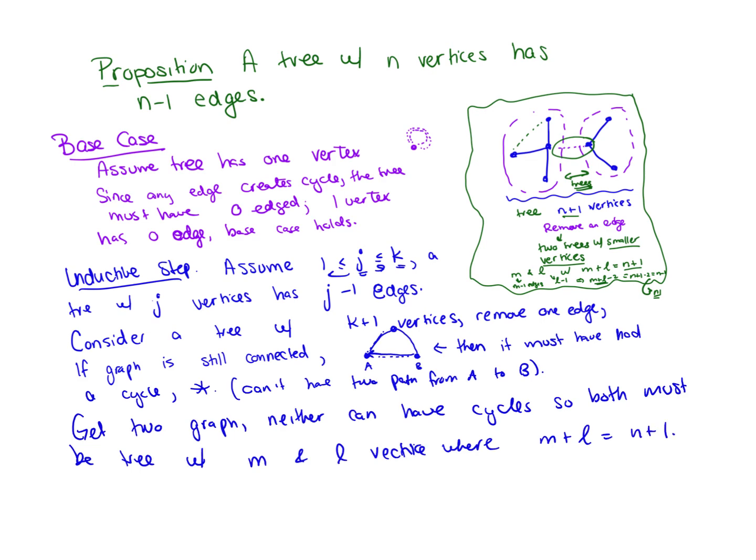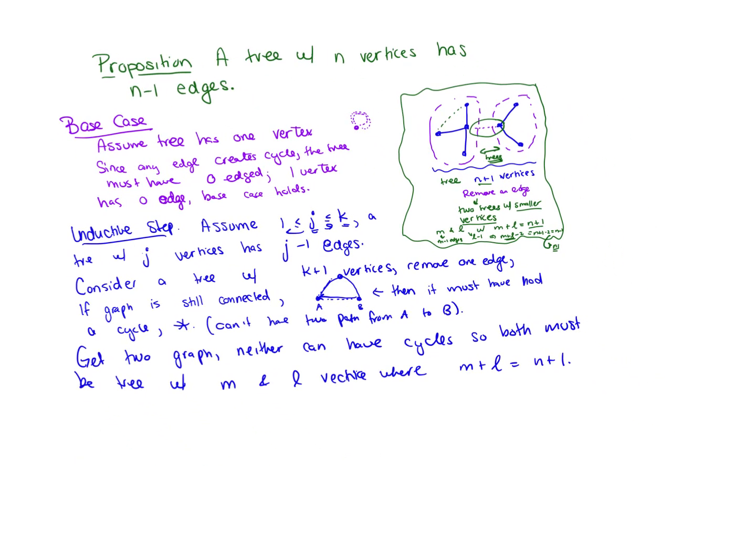So I'm splitting it up. But now, because the sum of them is k plus 1, each must have at least one vertex. So I know that m and l are less than or equal to k and bigger than or equal to 1.